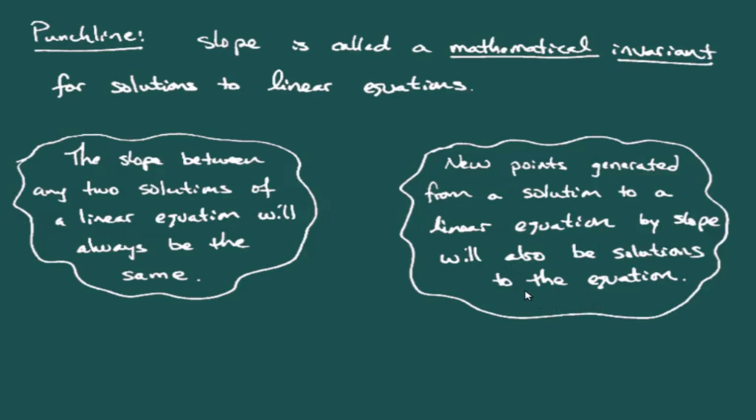And so why is slope important when we're talking about linear equations? That's why we've got this big connection between the solutions, the slope between those solutions, and using the slope to generate new solutions. That's why it ends up being a big deal.